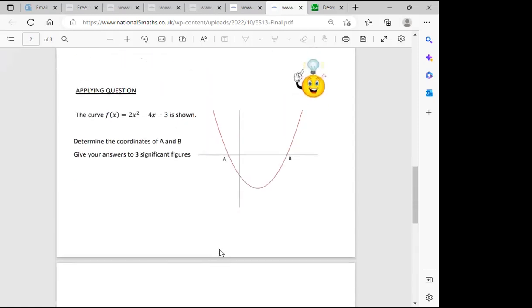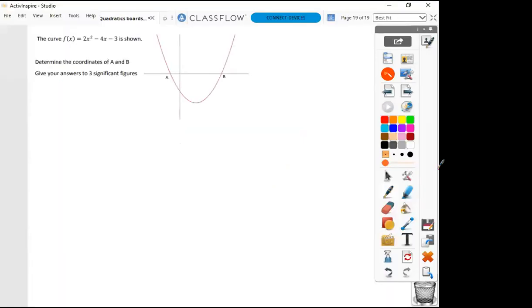Okay, I'm going to put this one on the screen, this application question. Snip that. Okay, this time we're getting given the parabola.